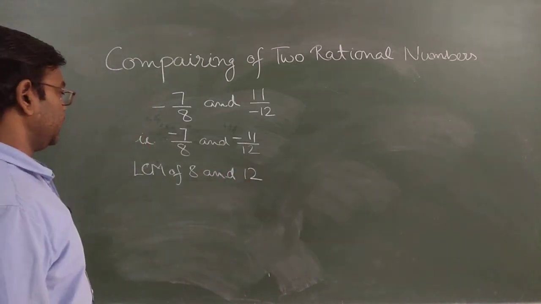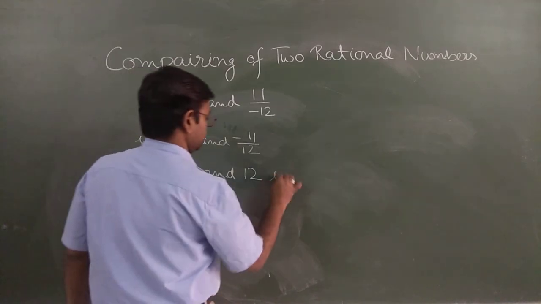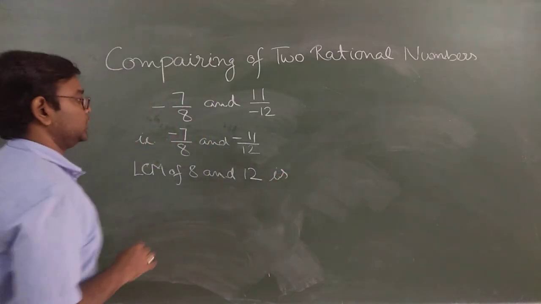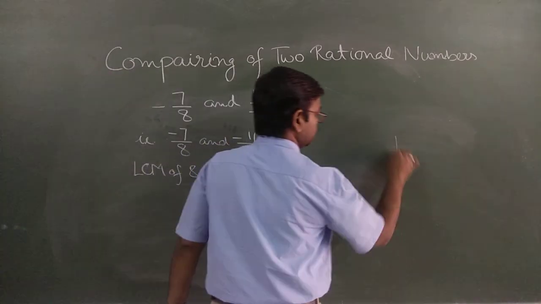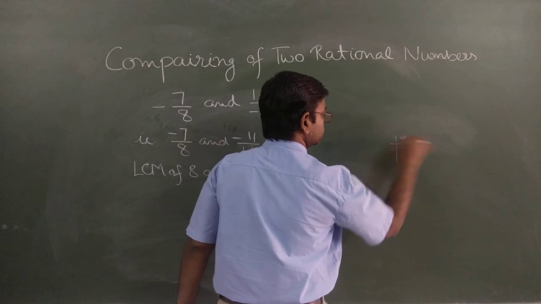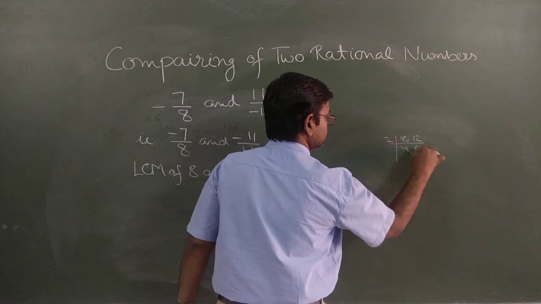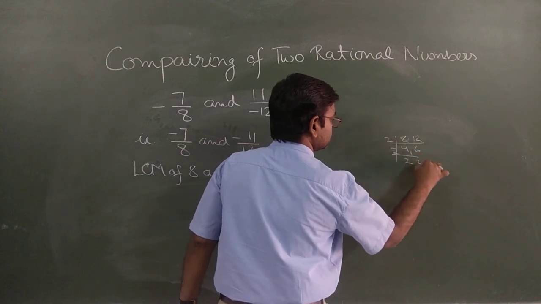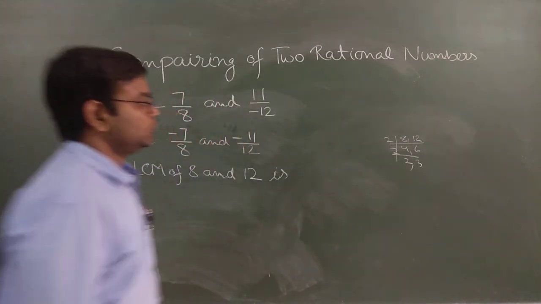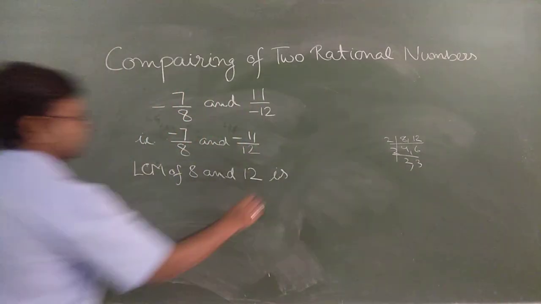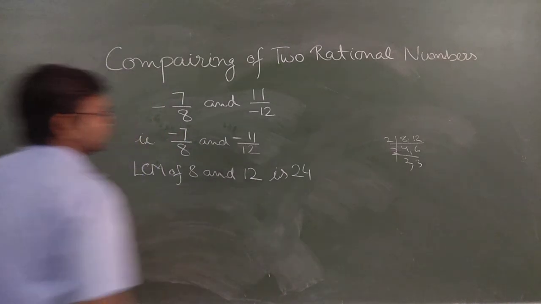The LCM of 8 and 12 is, find it out in rough work. Always use rough work. It's 24. Clear?